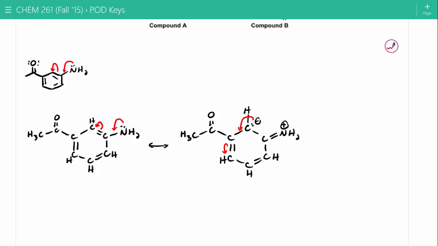Is that arrow on the second one pointing to the lone pair? Right here. Yes, this lone pair on this top carbon is getting dumped down into this bond. So now this becomes a pi bond, and this one gets broken from a pi bond into a regular sigma bond.